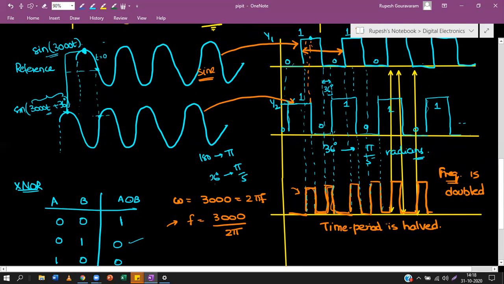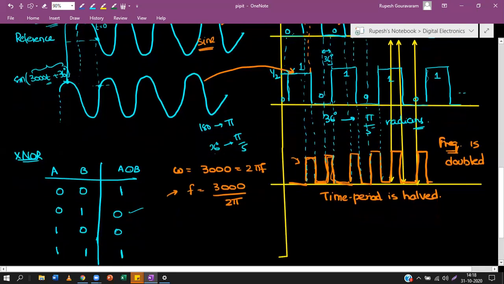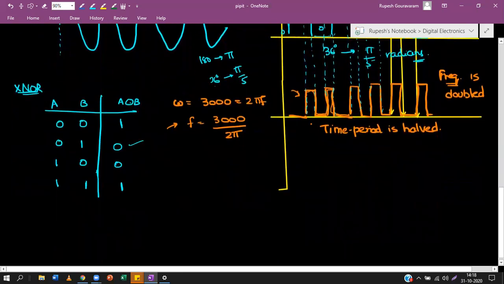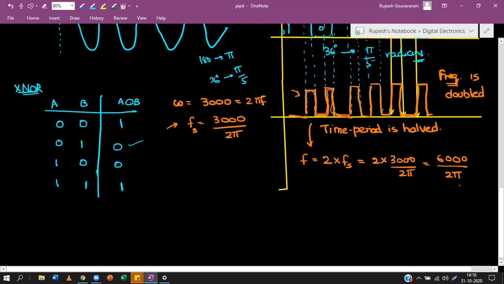That means this rectangular wave, which is the output, has a frequency which is 2 times the frequency of the sine wave. What is the frequency of the sine wave here? Fs is 3000 by 2 pi. That is 6000 by 2 pi, where pi is 3.14, that is approximately 1000.